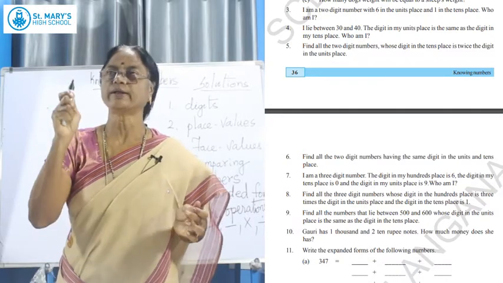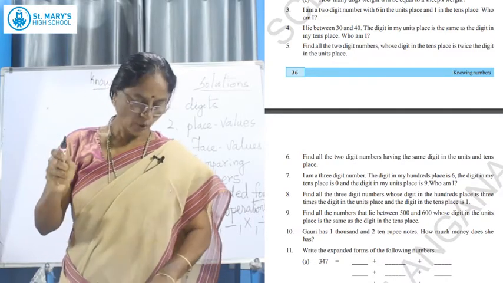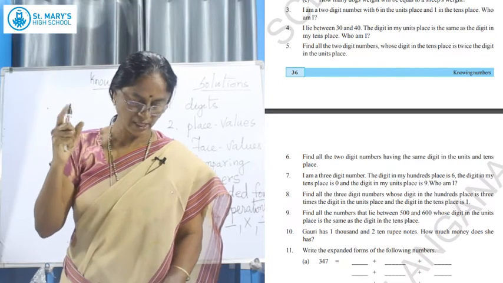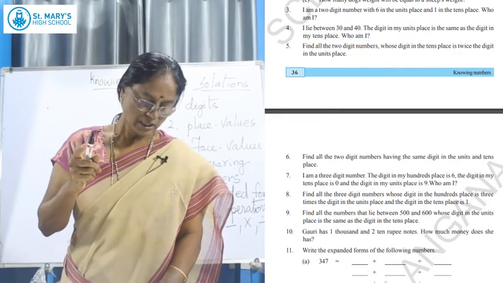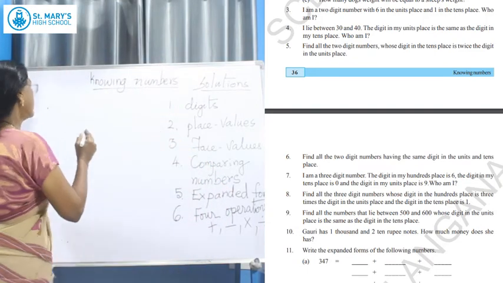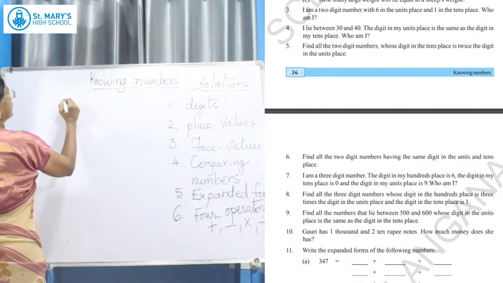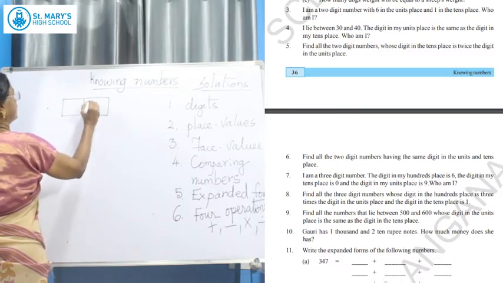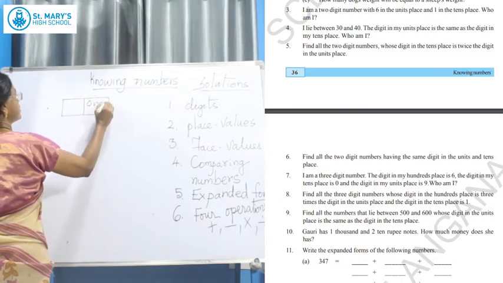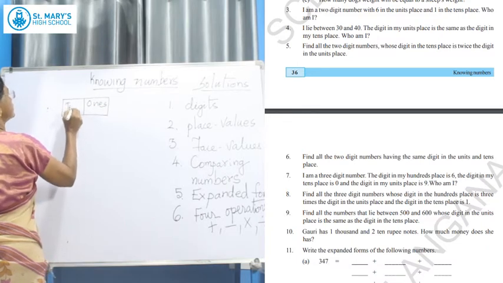What may be the answer here? You should know the digits. What are the digits here? 6 and 1 it seems. What are the places here? Tens place we are writing. See the places. These are the two places given: ones digit and tens digit.